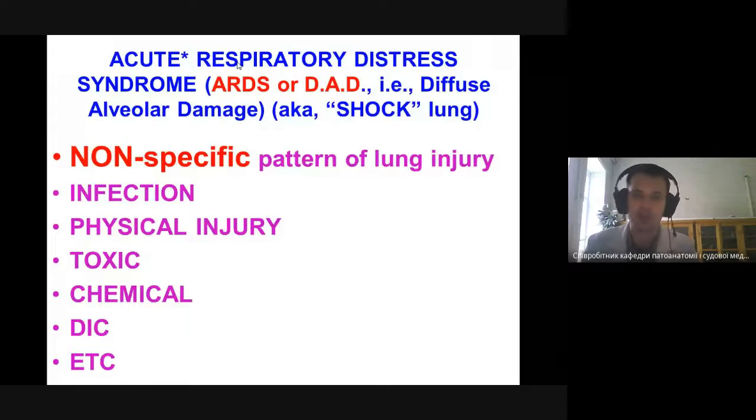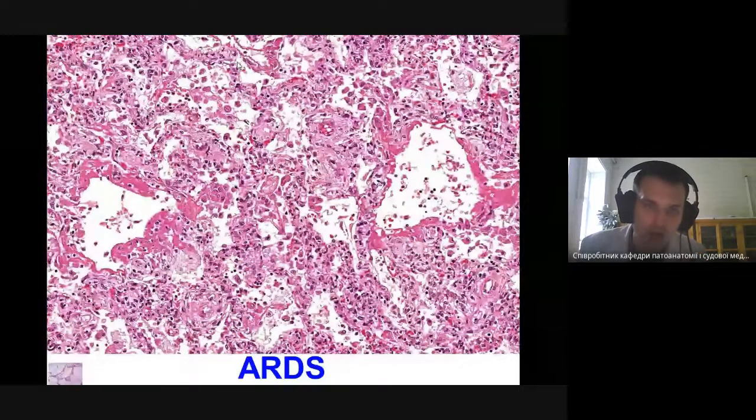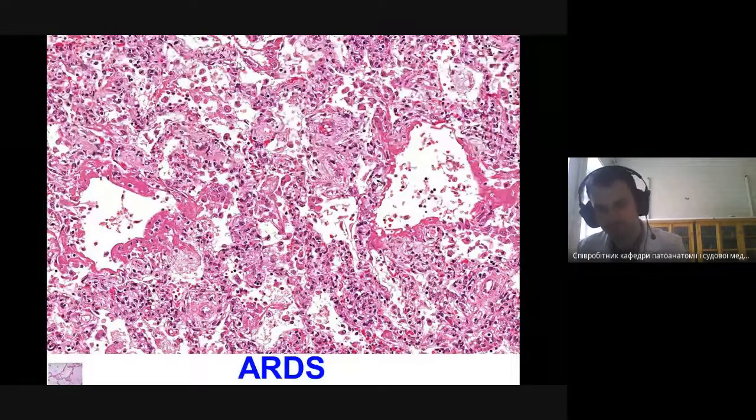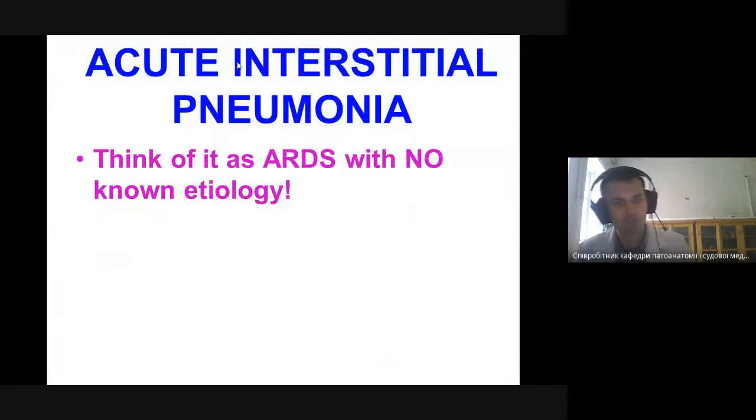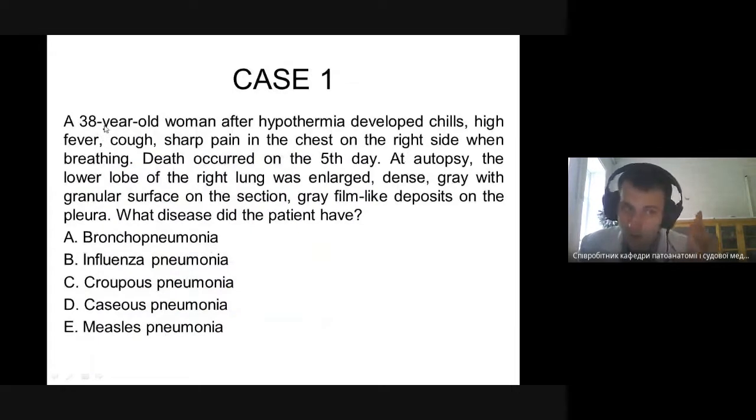But in acute respiratory distress syndrome, surfactant plays no role at all. Acute interstitial pneumonia: think of it as ARDS with no known etiology. We call such diseases idiopathic pathology.